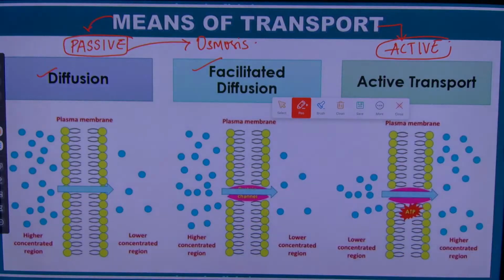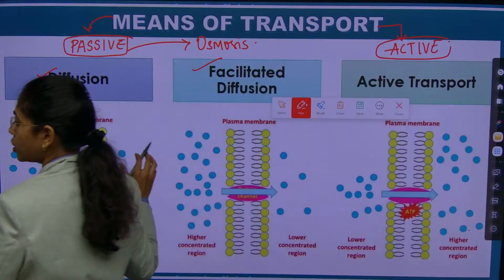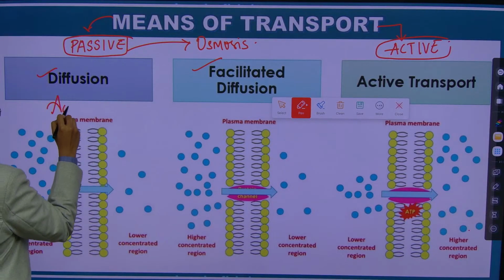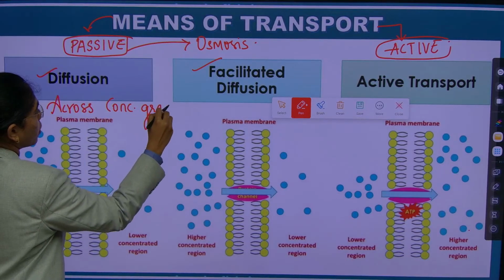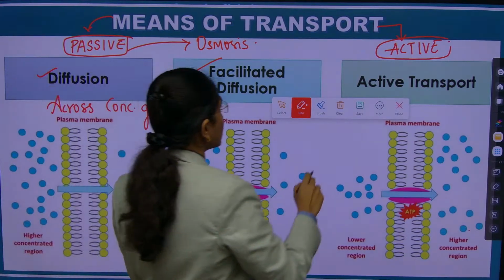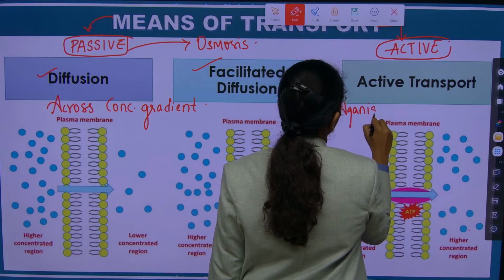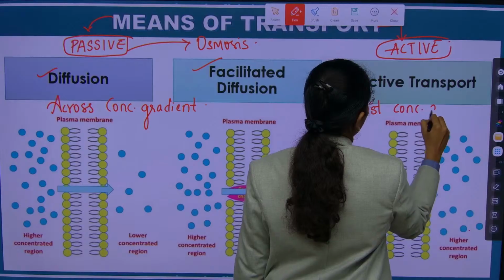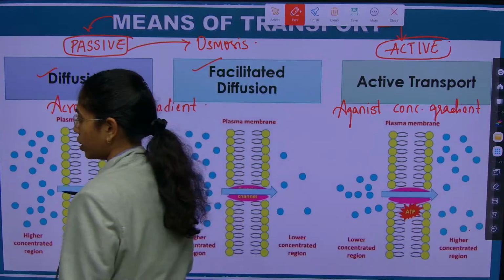Okay, just go through the diagrams here. Fine, right. This is across the concentration gradient, which is towards the concentration gradient. Active transport is against the concentration gradient.